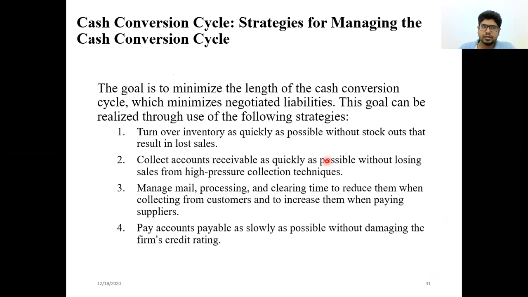Next slide. Strategies for managing the cash conversion cycle. An efficient financial manager has to manage their funds efficiently. It means they have to minimize the length of the conversion cycle. As I told you in yesterday's exam example, the phone shop.